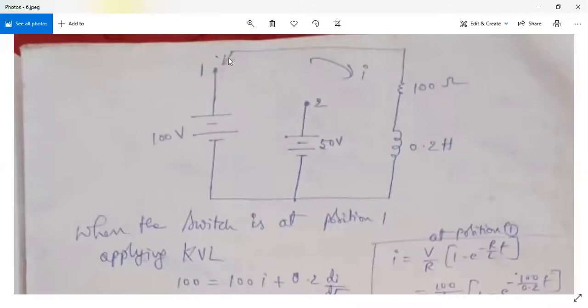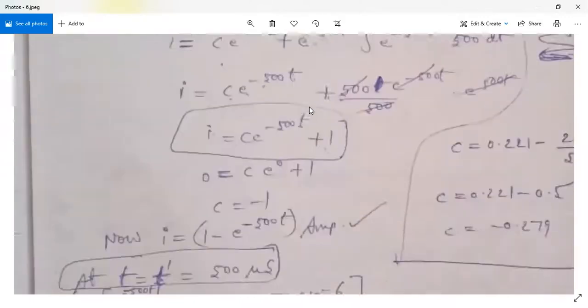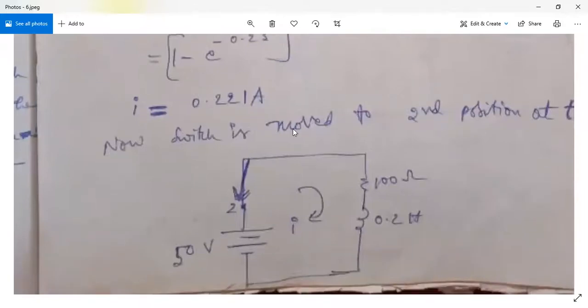Initially at t is equal to 0, they are placing the switch at position 1. After 500 microseconds, they are moving the switch to position 2.